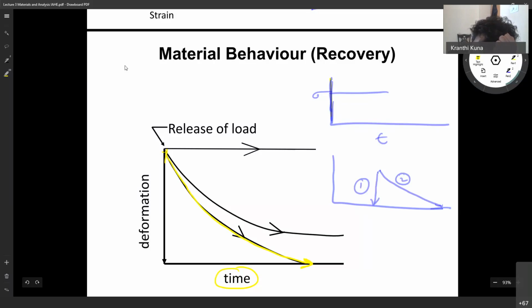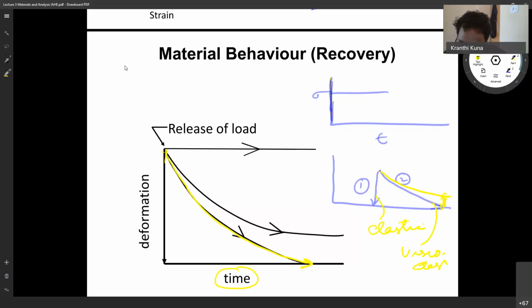This is case 2, and there will be case 3 as well, non-recovering. So this is elastic, this is viscoelastic, and this is viscoelastic plastic, because there is some irrecoverable deformation and the recovery is not instantaneous. Asphalt behaves this way.